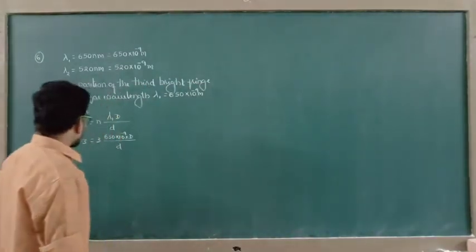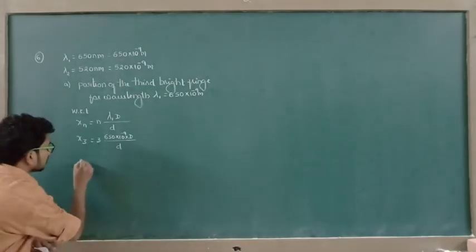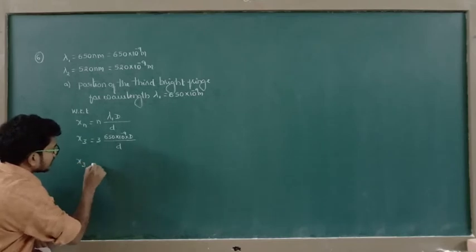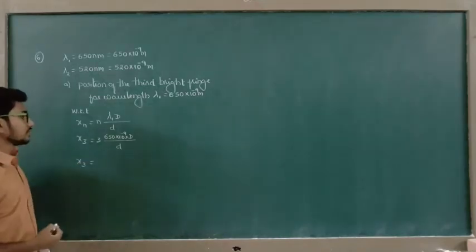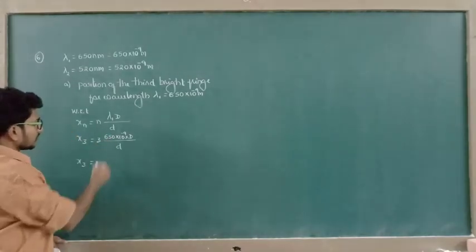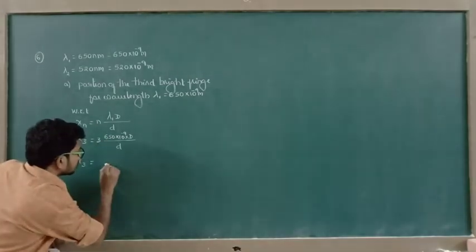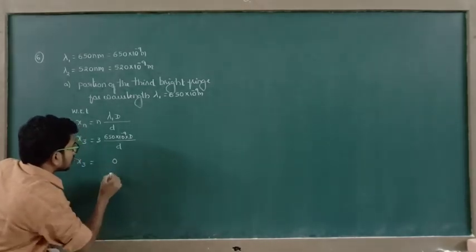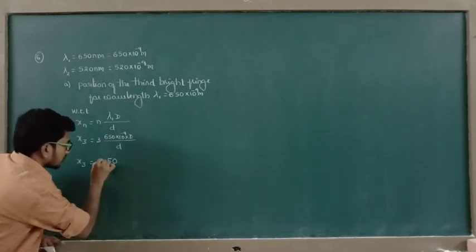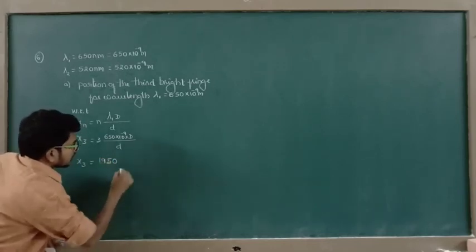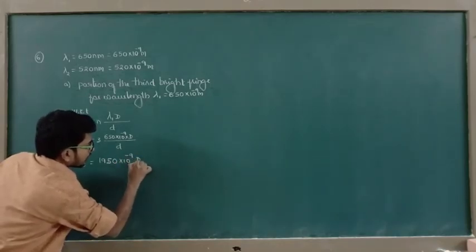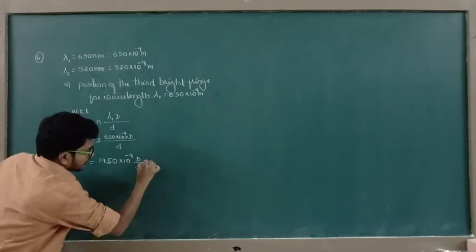Then the position of the third bright fringe from the central bright fringe, x3, is equal to 650 into 3, we just multiply this, into 10 to the power minus 9 capital D divided by small d meter.